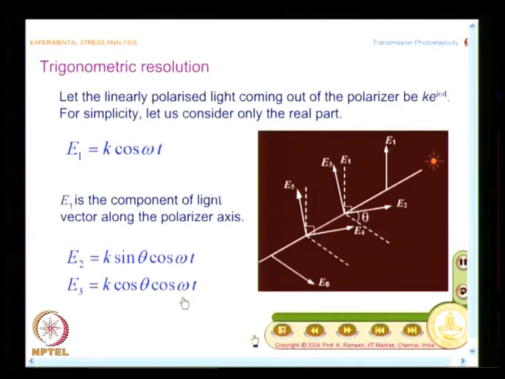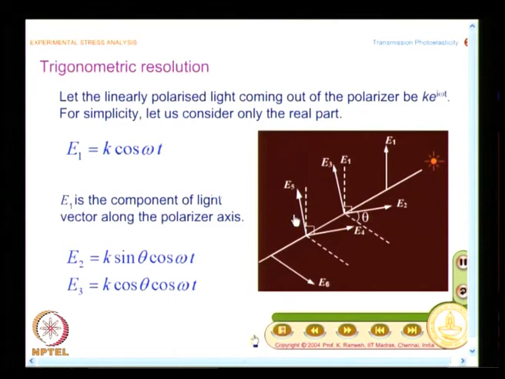If you recall the discussion we had on retardation plates, we spent sufficient time looking at what happens to the incident light when it hits the model and what happens within the thickness of the retardation plate. A similar thing we will have to look at here. So, for directions E2 and E3, you are able to write the light vector comfortably.